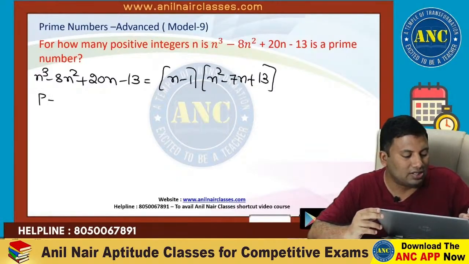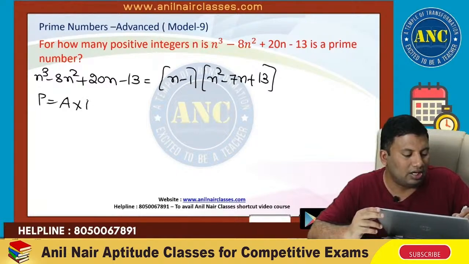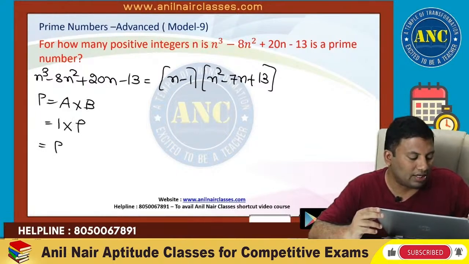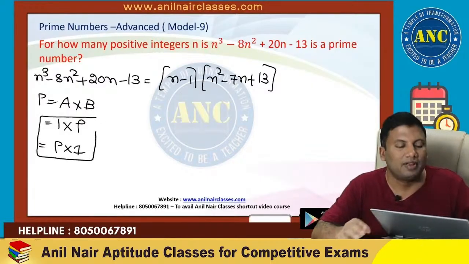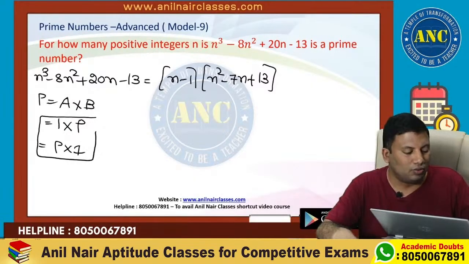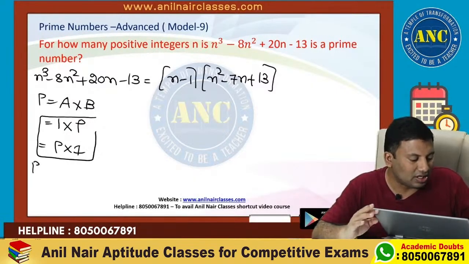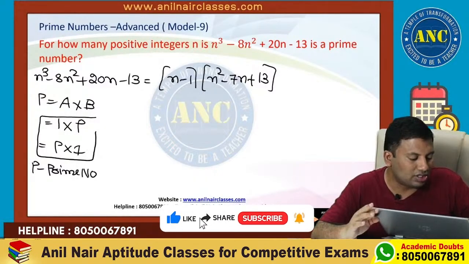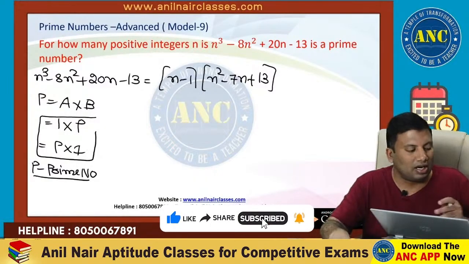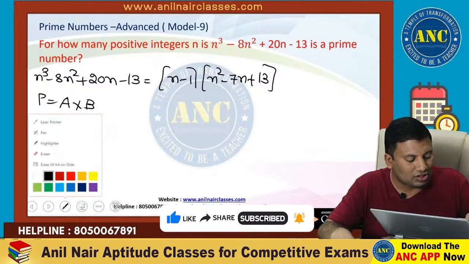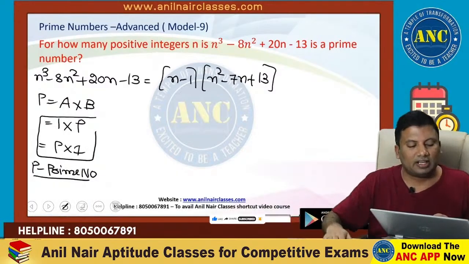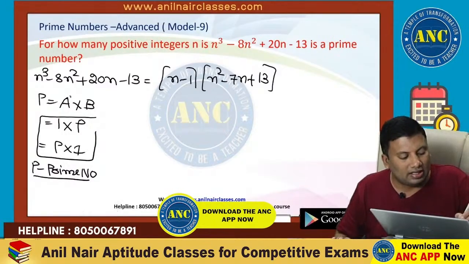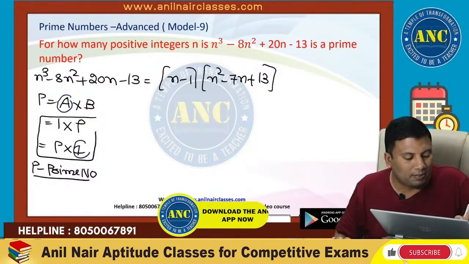So if p is equivalent to a into b, if I can write it as only two factors, one and the number itself, 1 into p and p into 1, then p is called a prime number. A prime number has got only two distinct factors, that is 1 and itself. So either a can be 1 or b can be 1.